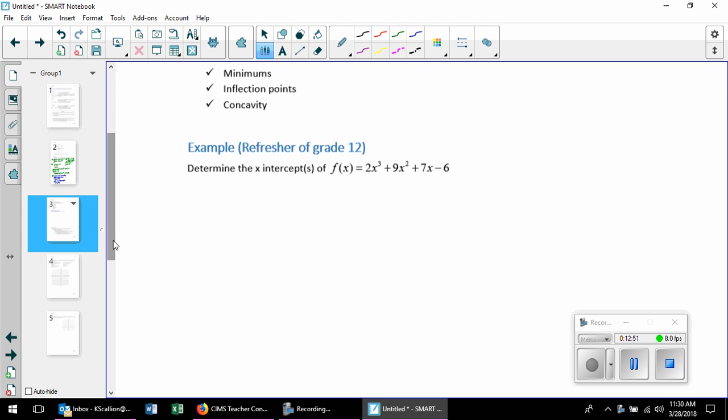But to determine the x-intercepts of the one we just did here, how am I going to do that? Synthetic division. So I'm looking for the factors of -6 that are going to be a factor of this. So I know that the factors of -6 are -1, +6, +1, -6, -2, +3, +2, -3.